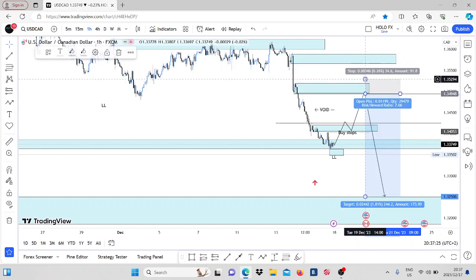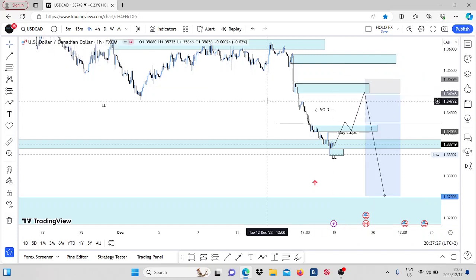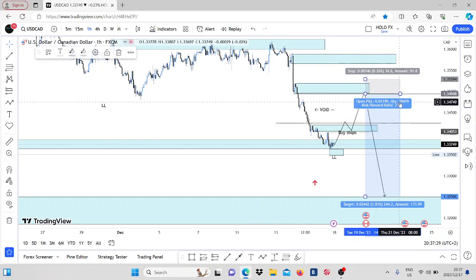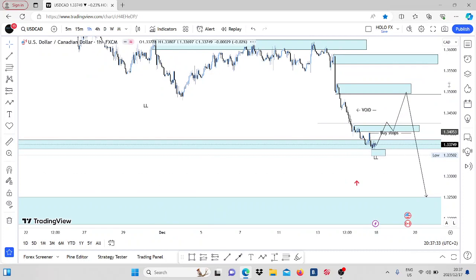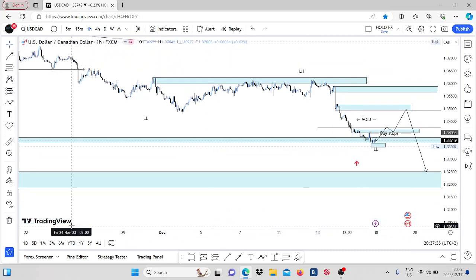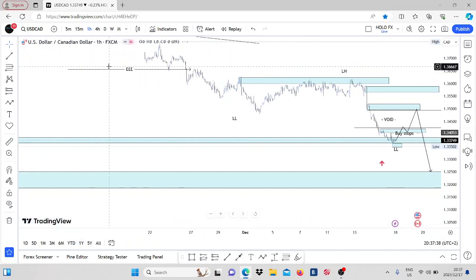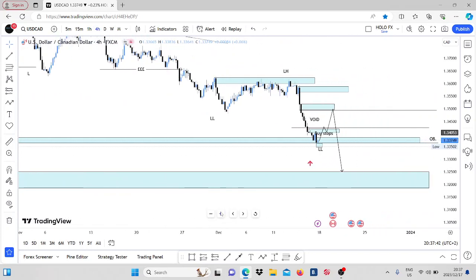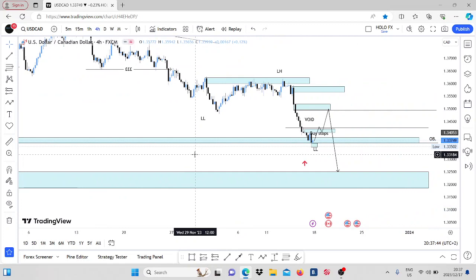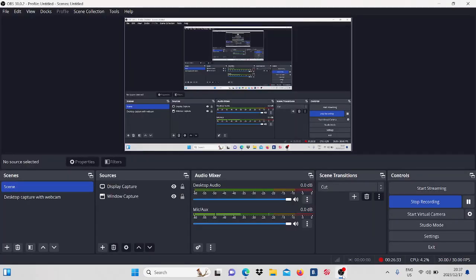Yeah, let's see, 1:7. So this will be our setup that I will be monitoring on USDCAD. This is the setup that I want to see. So that will be just my analysis for USDCAD.